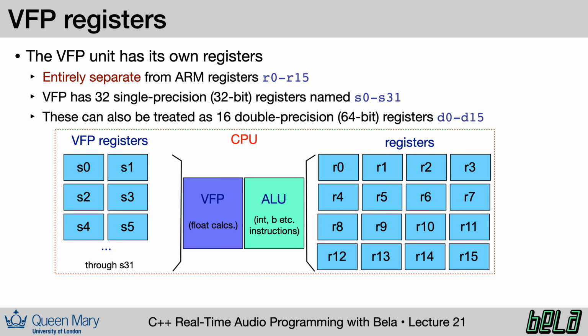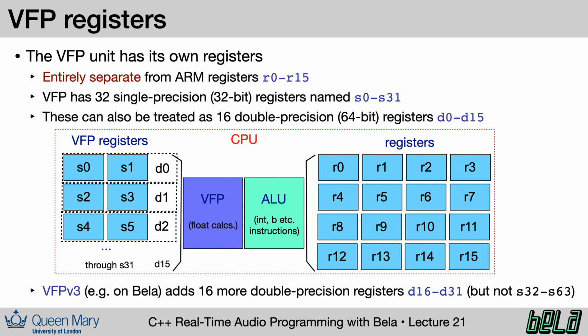The VFP can also treat these 32 single precision registers as 16 double precision 64-bit registers. When we work with them this way, they're designated D0 through D15. This is just the same register storage, but accessed in a different way. In the VFP v3 instruction set, there are also 16 further double precision registers, which are designated D16 to D31. You can use these for double precision calculations only.